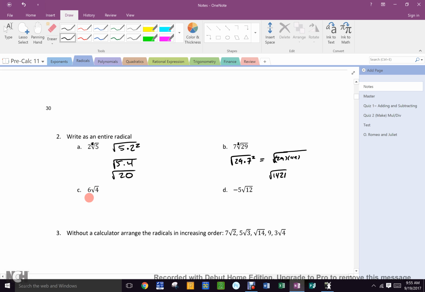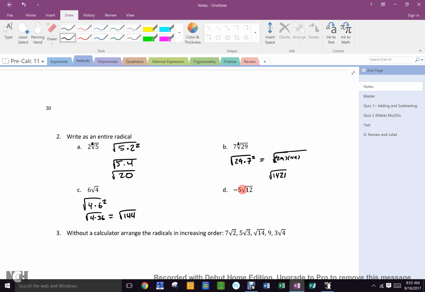6 root 4? It's the same as 4 times what? 6 squared, which is 4 times 36, which is 144. Yay! Tricky. What's weird about D?